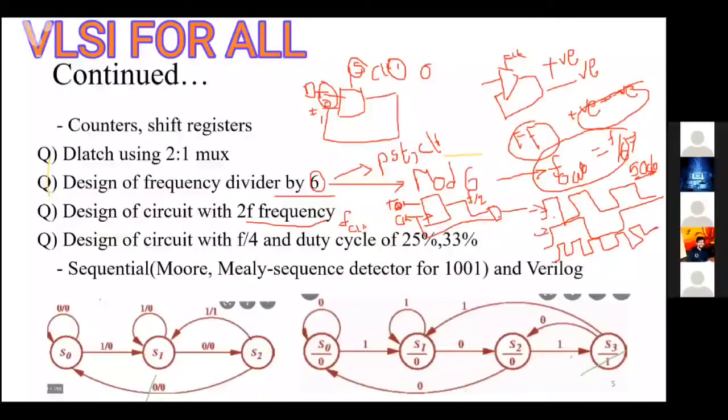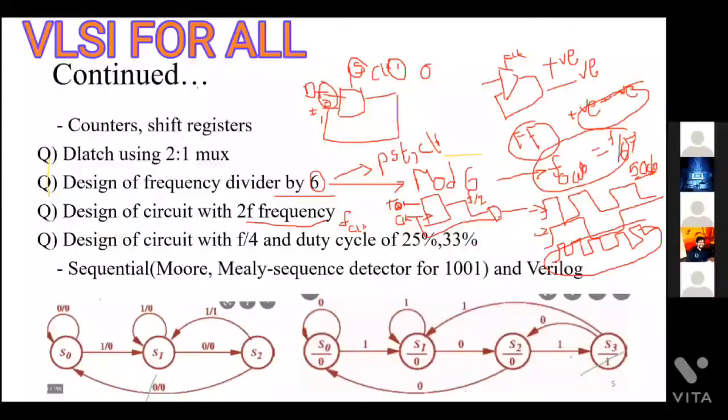If you draw the waveforms and see the output waveform, you need to find some way to generate that. This can be generated even using the combinational part.